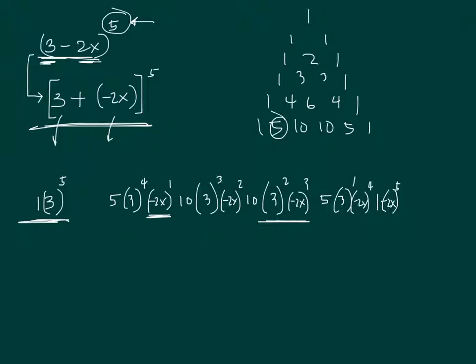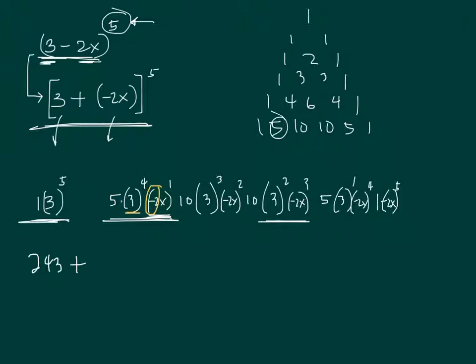Okay, so that will be a number. So 3 raised to 5 is equal to 243. So plus, so you have to be careful when you simplify. This is negative 2 to the 1, that's negative 2, times 3 to the 4 times 5.